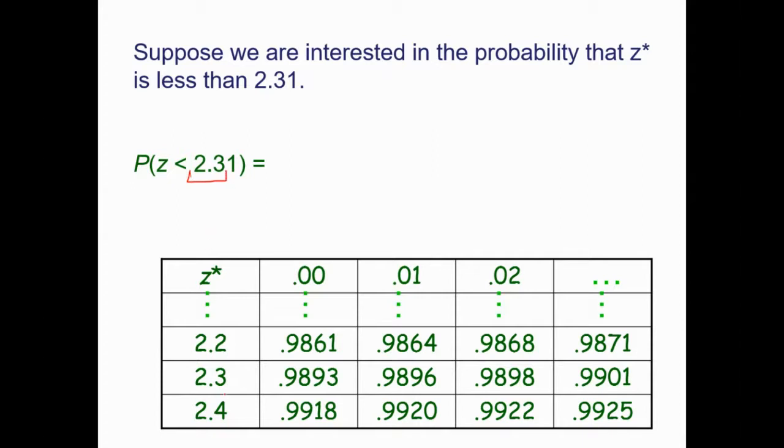So I'm going to go down until I find 2.3. What number do I look for along the top? The last one, the 1. So here it is. I'm going to go along until I meet. And that's going to be my value. So this probability is equal to 0.9896.